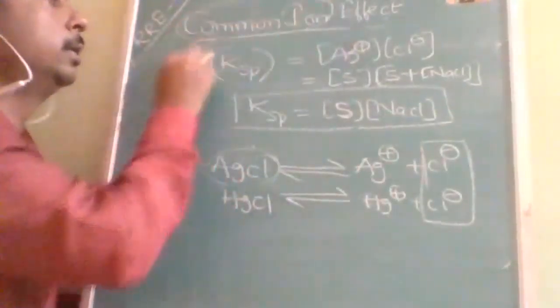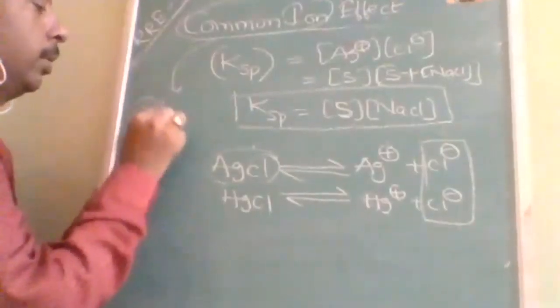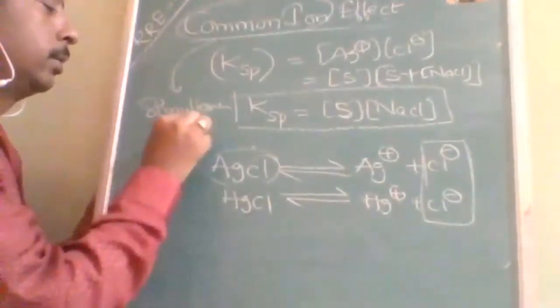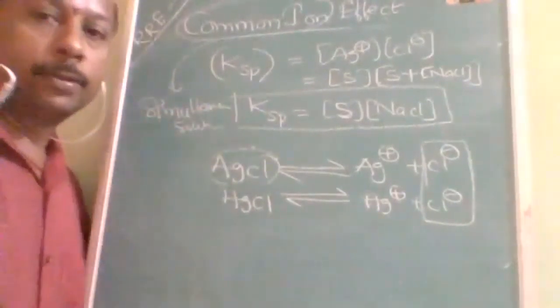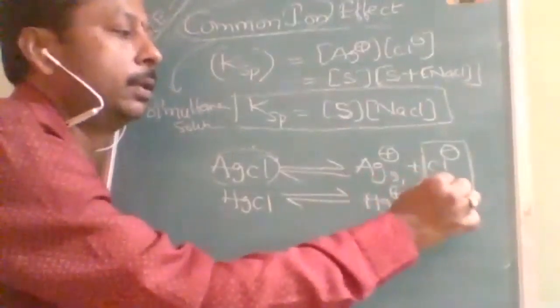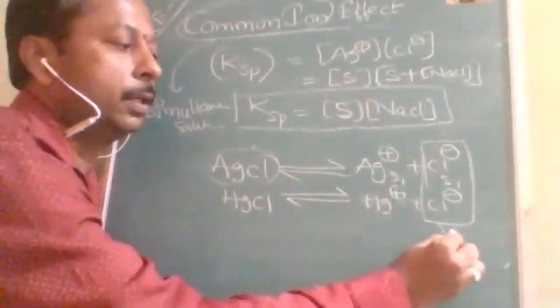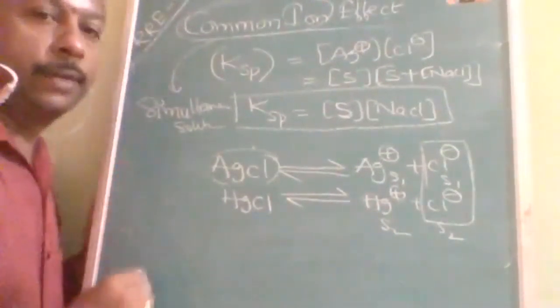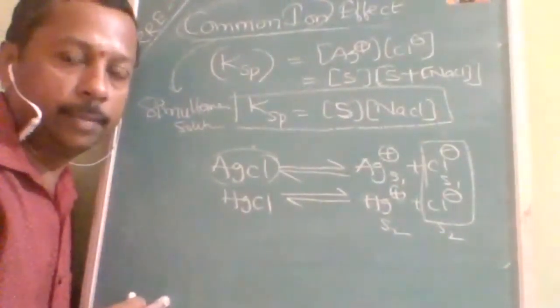There it is called simultaneous solubility. Here let us take this as S1 and this as S2. Now what is the difference between common ion effect and simultaneous solubility?